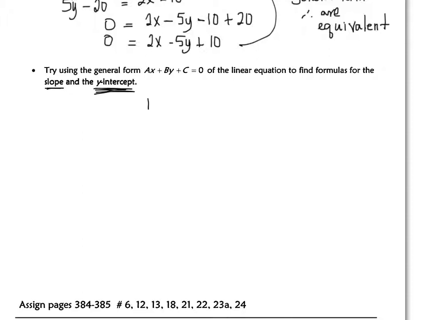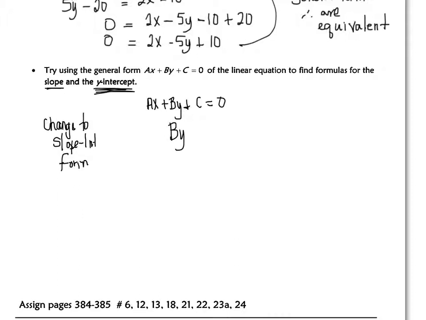Because we don't know what a, b and c are, we're going to end up with a formula for finding the slope and the y-intercept. So what we do is change this to slope-intercept form, because that's the form where you can read the slope and the y-intercept off the equation.